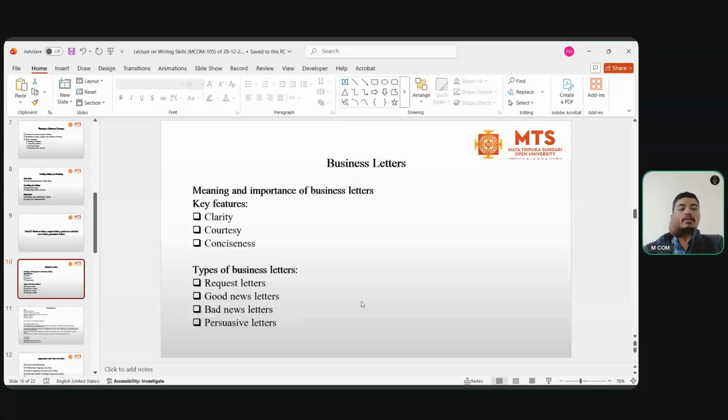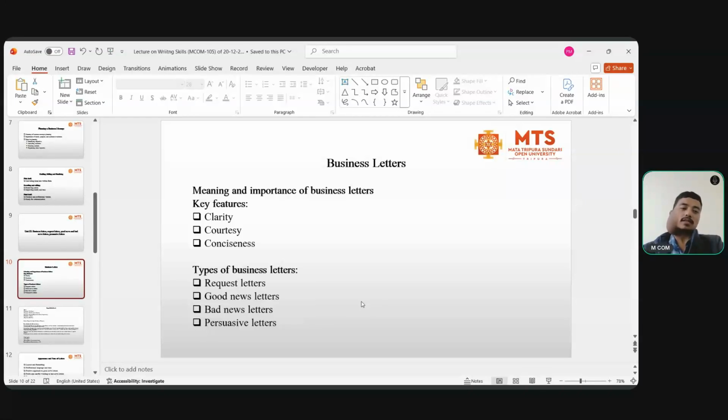There are different types of business letters, such as request letters, good news letters, bad news letters, and persuasive letters. I will show an example of a request letter later in the slides. Each type of letter has a different purpose, but all follow the basic principle of clarity.